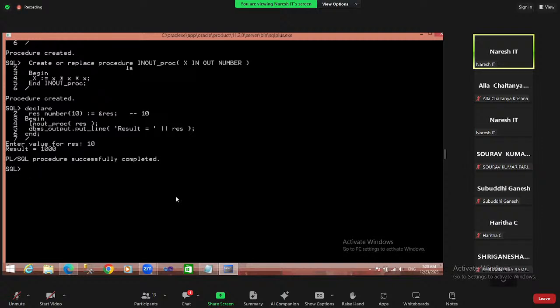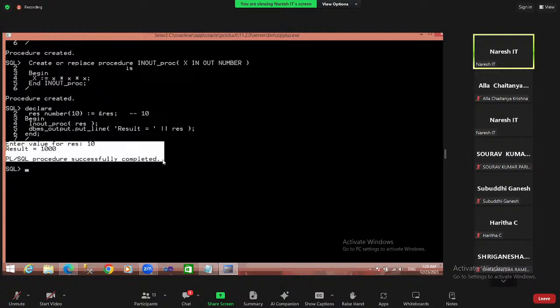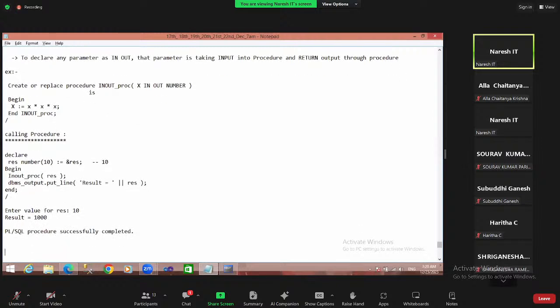Okay, guys, this is the example. So these are some examples of stored procedures.